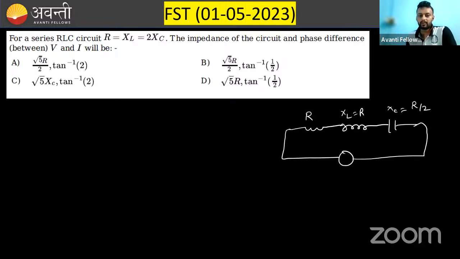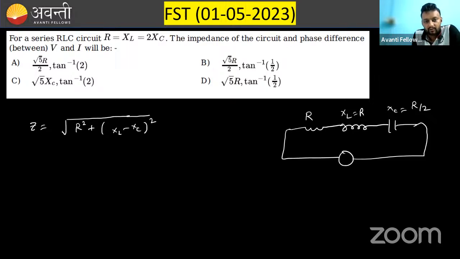Now we know the values. The impedance of the circuit is under root, you know the relation, I hope, R square plus (XL minus XC) whole square. Now place the values: under root R square plus, XL is R, XC is R by 2.